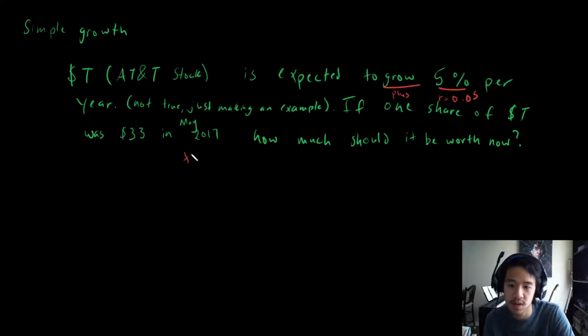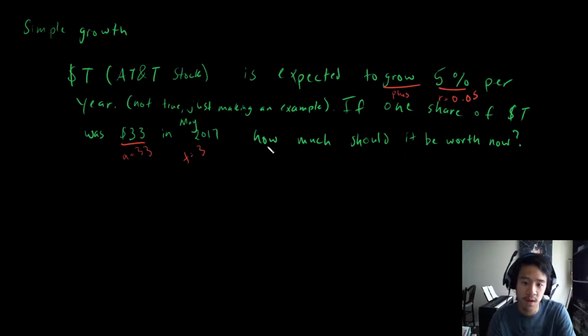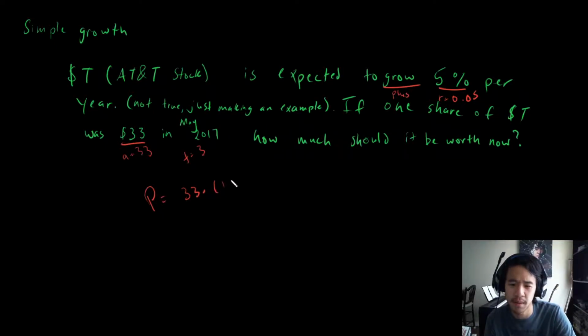Okay. So T is equal to 3 because that's 3 years ago. A is equal to 33. It's our starting value. How much should it be worth now? So let's go ahead and do this. Let's say P is equal to 33 times 1 plus, right?